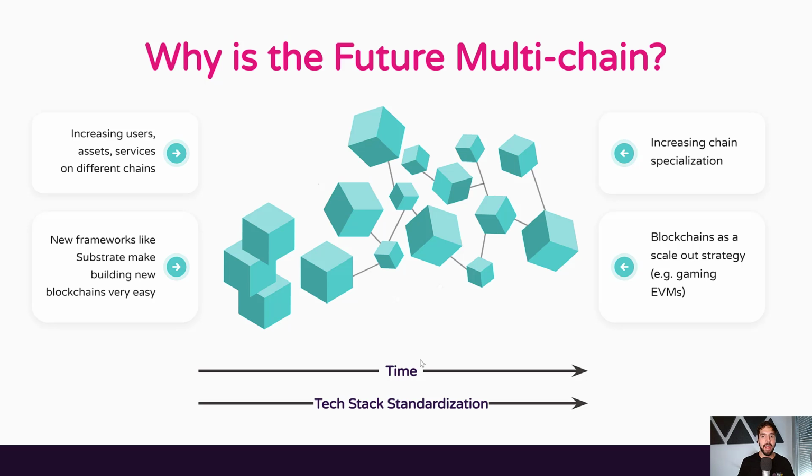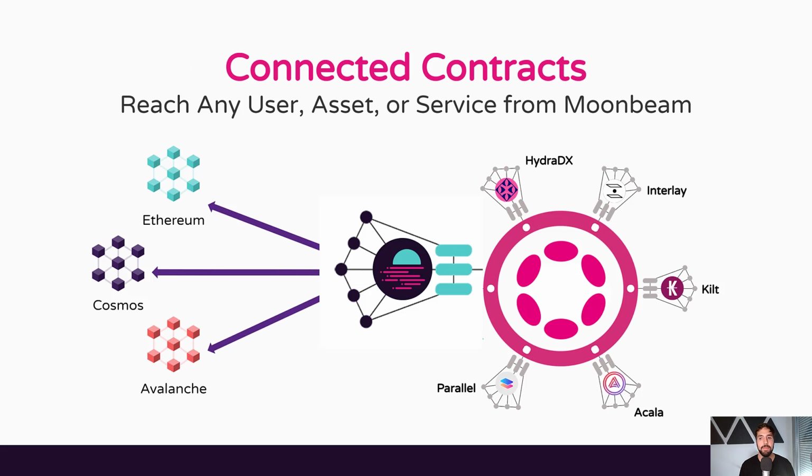And so this is going to create, once again, a very fragmented set of users, assets, and services. So we think it's important to interconnect them all, right? The idea of connected contracts is that you can use Moonbeam as a hub to reach any user, asset, or service.